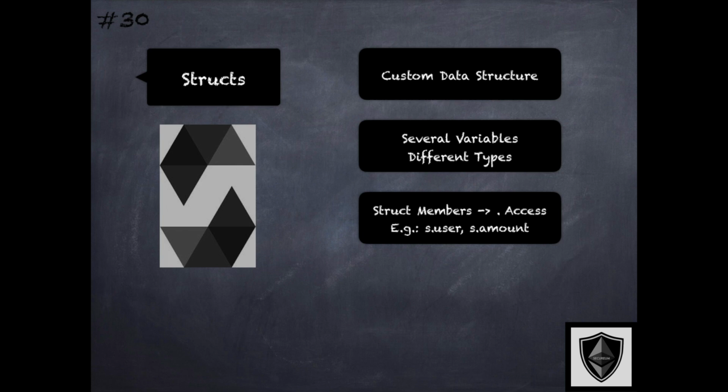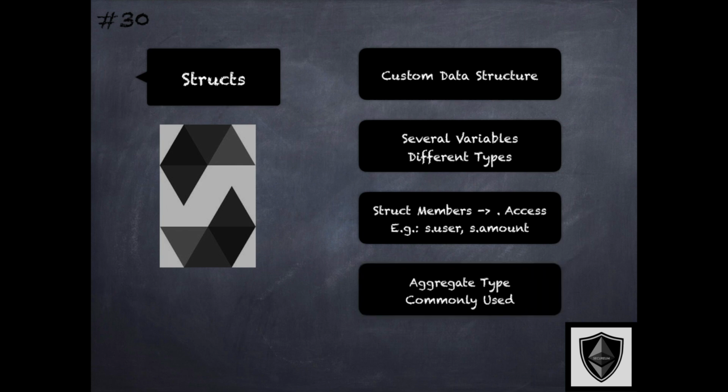So this is an aggregate type that is commonly used within Solidity to pack together custom data structures, and this is also something that you may be familiar with from other languages and often encountered when we look at Solidity smart contracts.